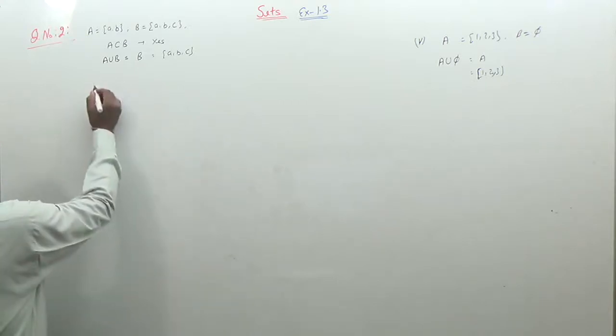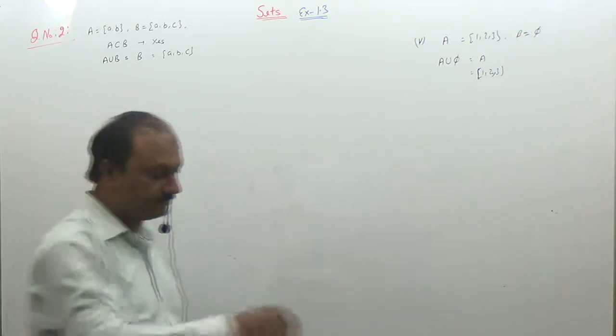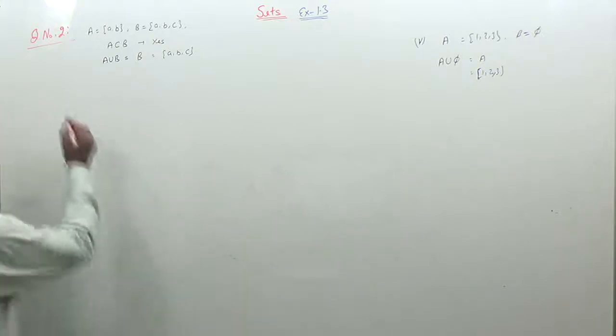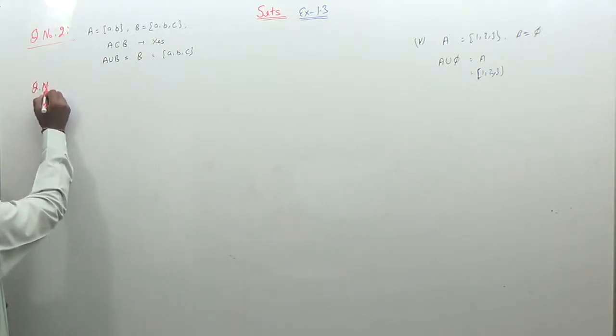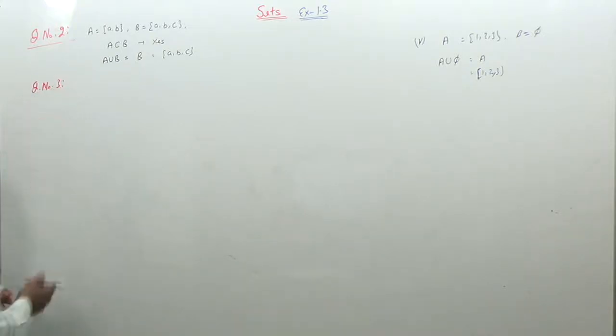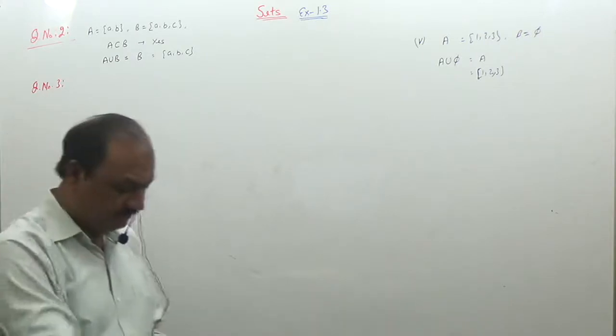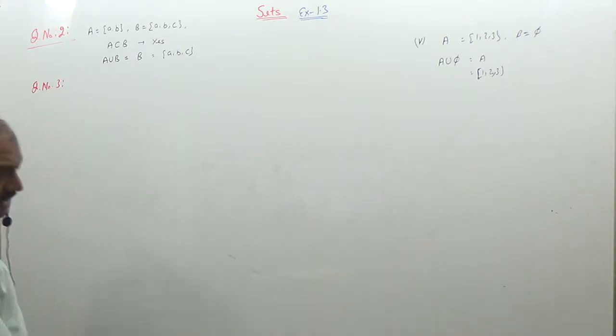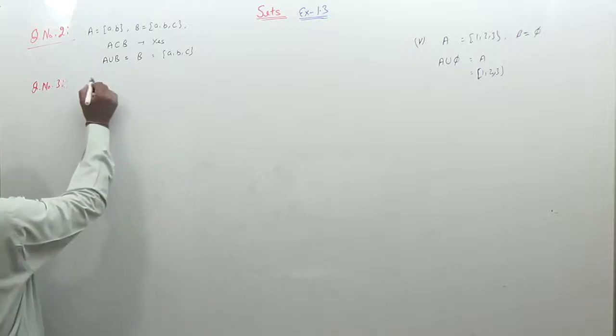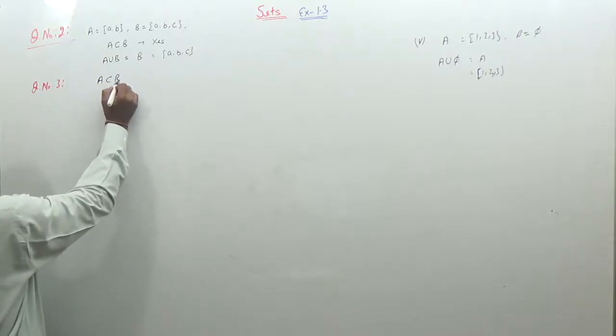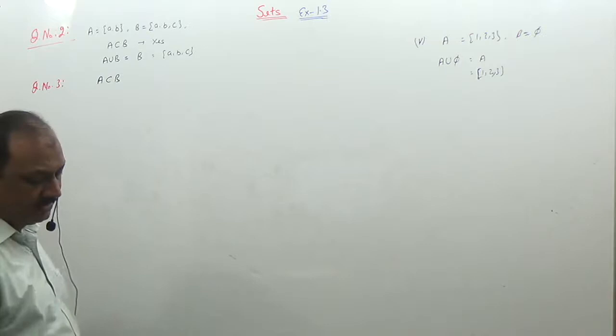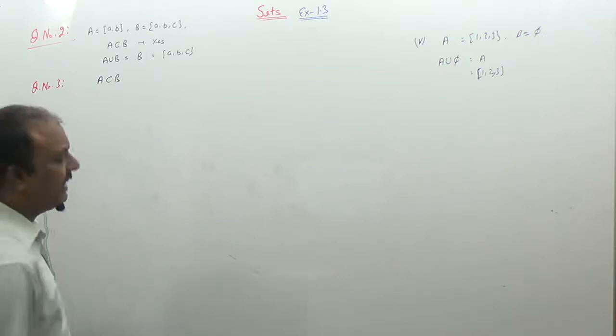Now, question 3. Question 3 is: if A and B are two sets such that A is a subset of B, then what is A union B?